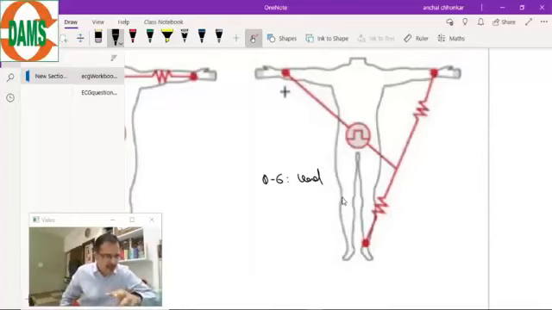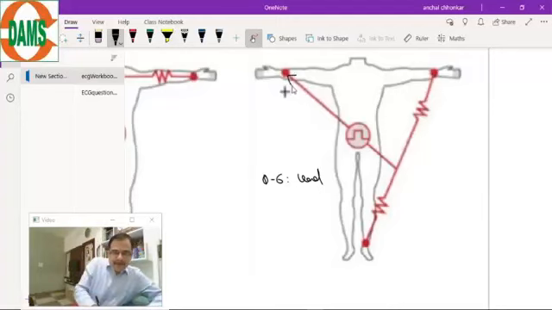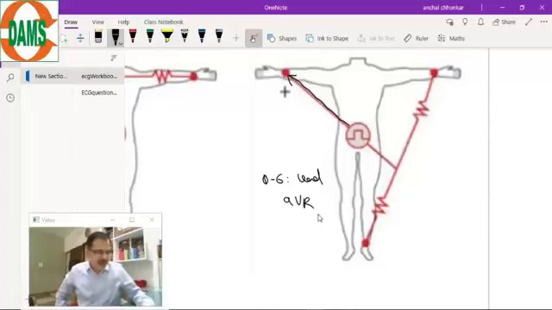Visualize, these questions can come as diagram based questions. This is lead AVR. All right, very good. All of you have given me the correct answer.